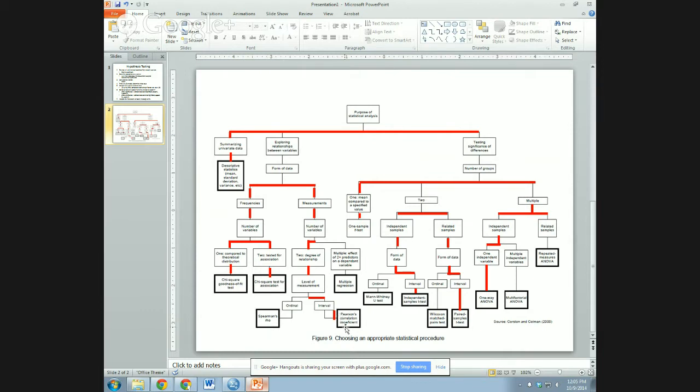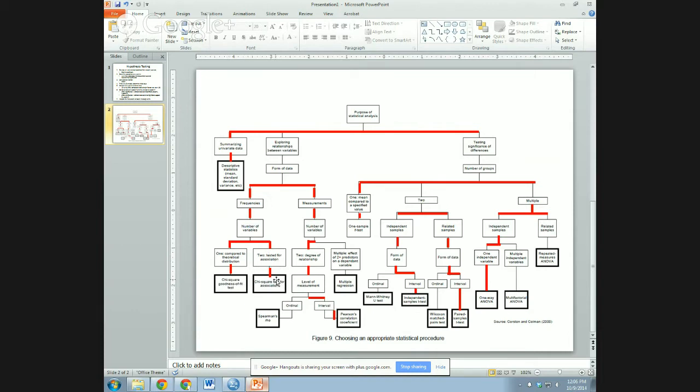So again, correlation demonstrates the degree, the strength of a relationship. To recap, chi-square tells us the goodness of fit between a sample and the theoretical distribution of categorical variables.